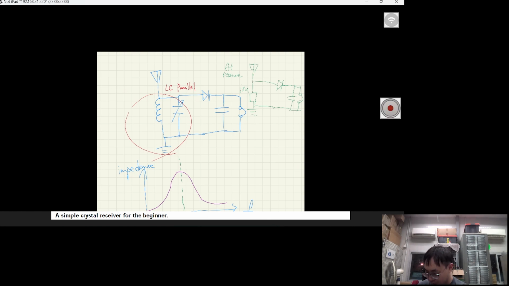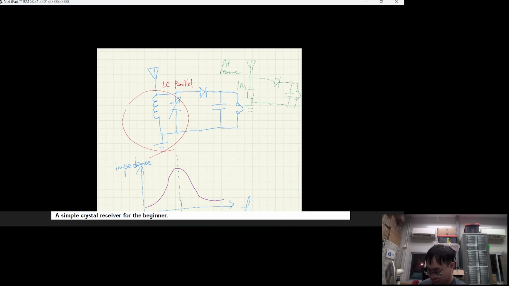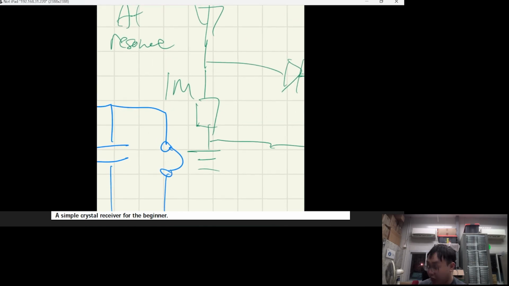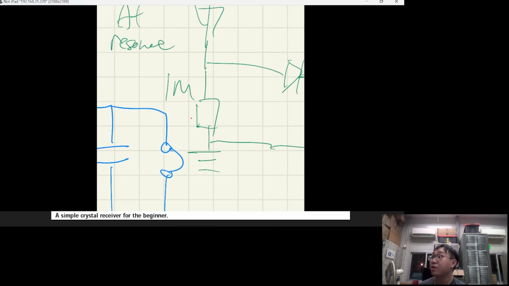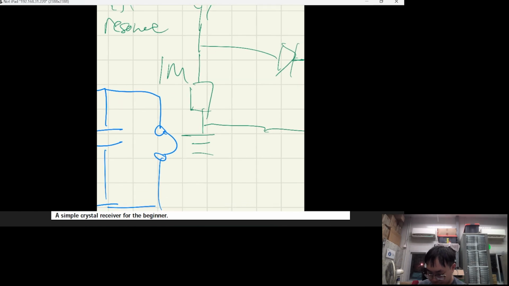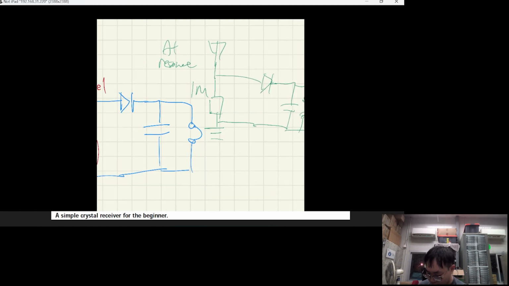As this one has a very high resistance, it will have a very low current pass rate.